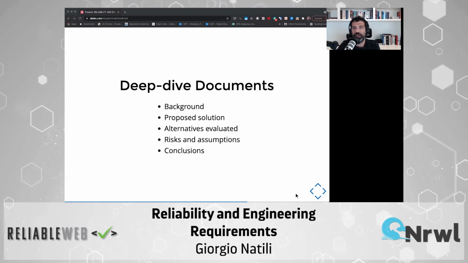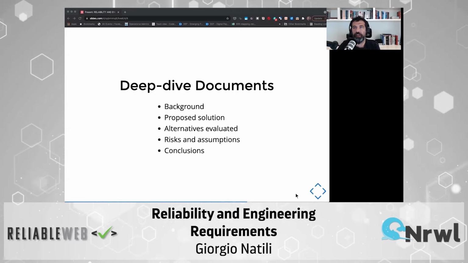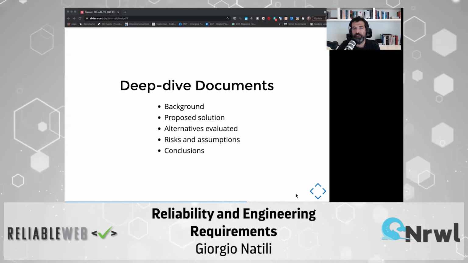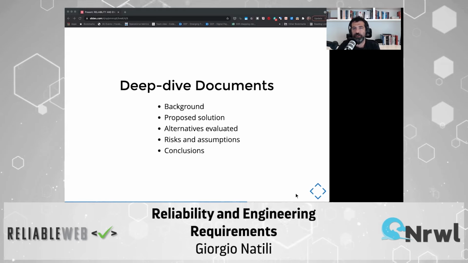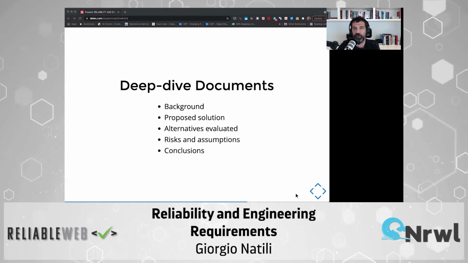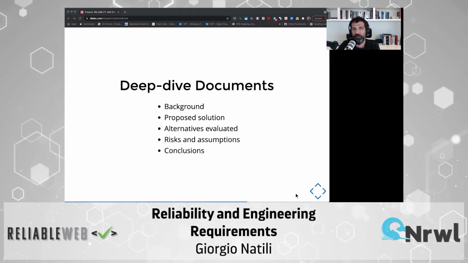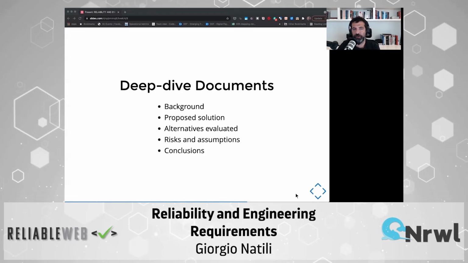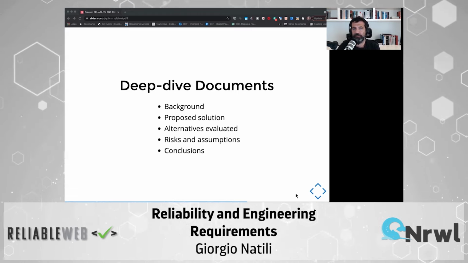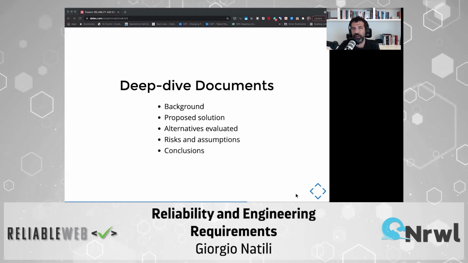When you want to go deep on a specific area, on a specific topic, I recommend using documents and writing down your thought process. Documents don't need to be 10 pages. Actually, try to stay within 1 page if possible. Give a background. Describe your proposed solution and why you feel that it works.